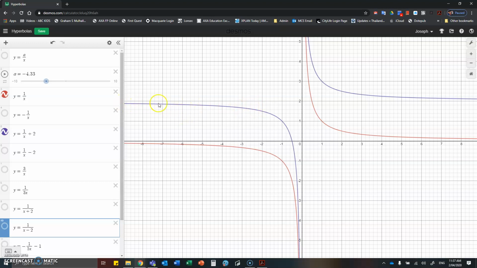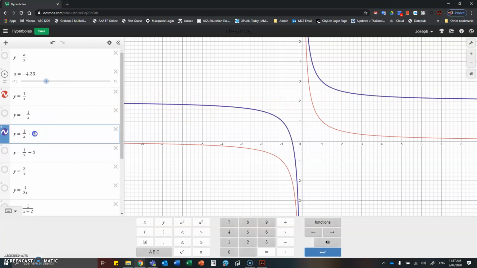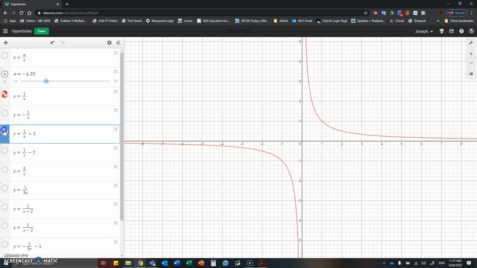So we have a horizontal asymptote of y equals 2, and that's your constant of 2. Okay, so if we have negative 2, it shifts the graph down 2 units, and the horizontal asymptote is going to be y equals negative 2. It tapers towards negative 2 but never reaches it.